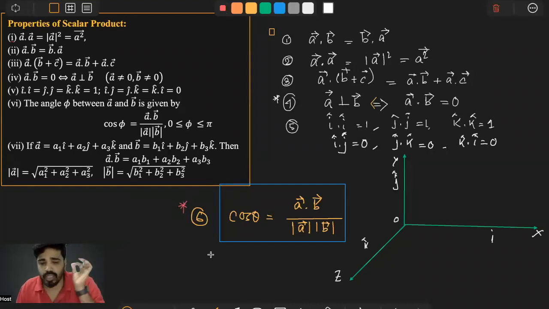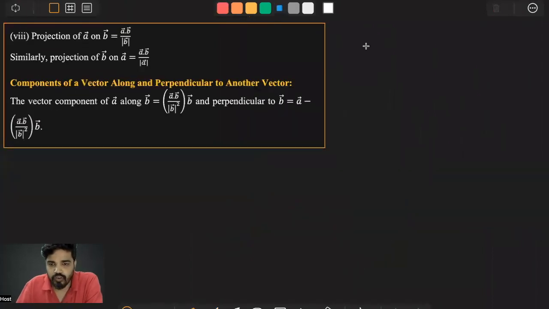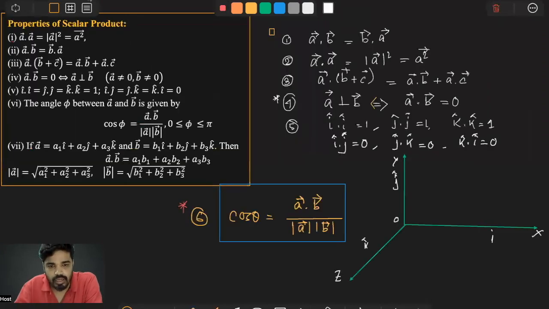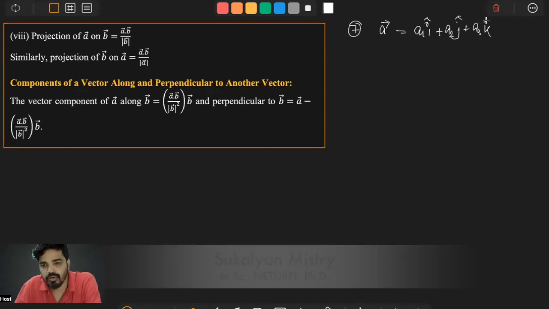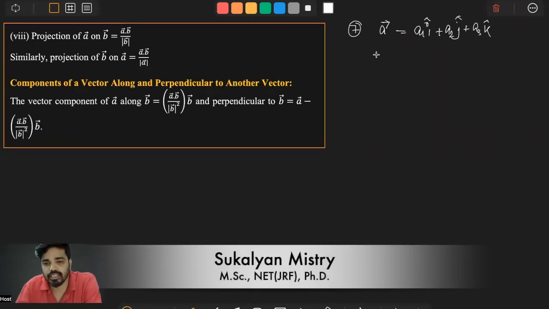Do this with a star mark. Okay, so now next point, suppose this is property 7. Suppose we have two vectors, a is equal to a1i plus a2j plus a3k. What is ijk? Ijk are unit vectors along x-axis, y-axis, and z-axis.